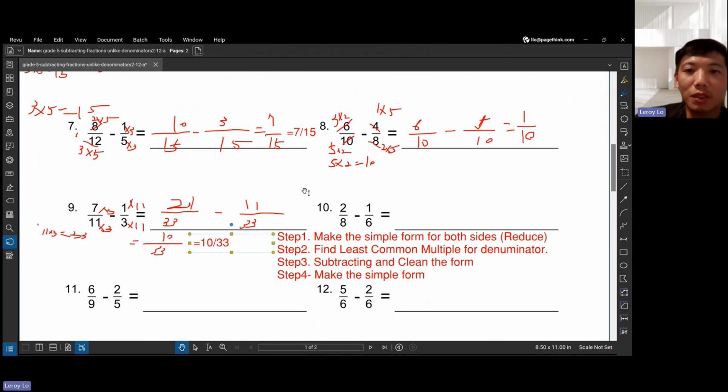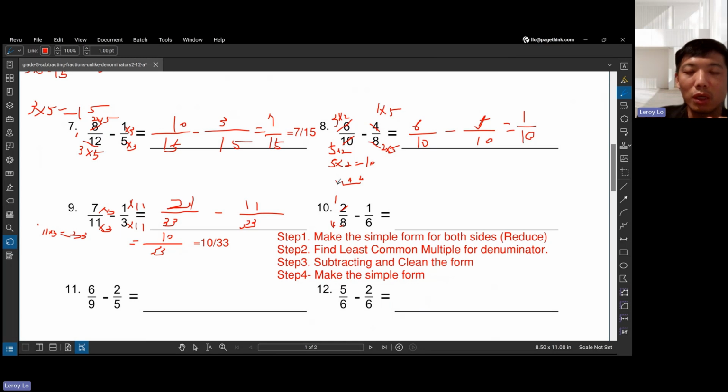So next one will be number 10, 2 over 8 minus 1 over 6. So 2 over 8, I know that's divisible. We can divide it by 2. So 1 over 4. And 1 over 4 minus 1 over 6. So 4 and 6, we can try to find the least common multiple.